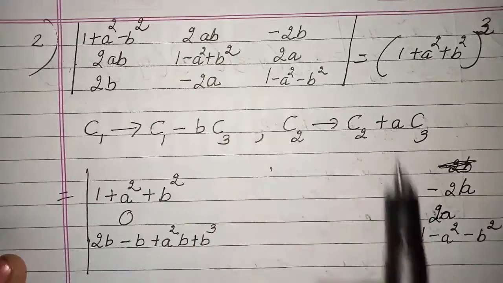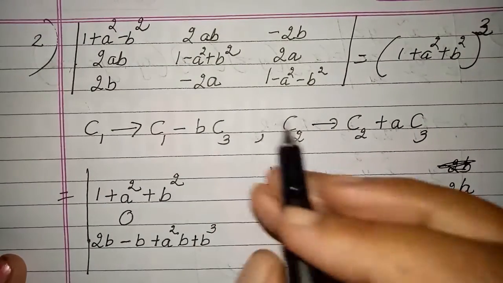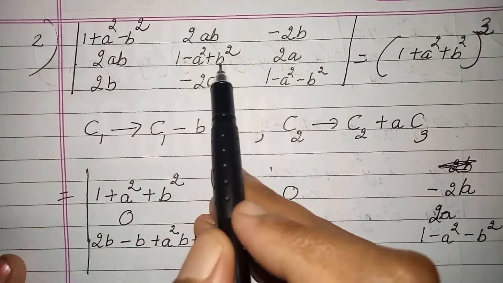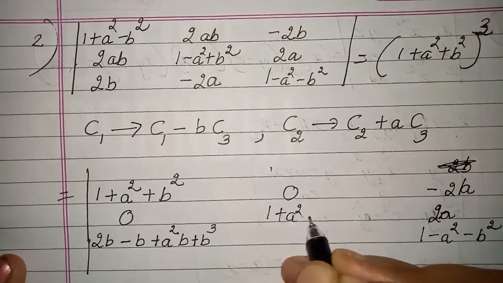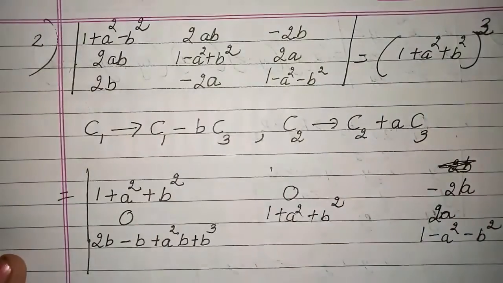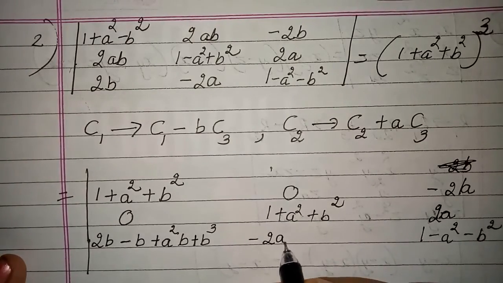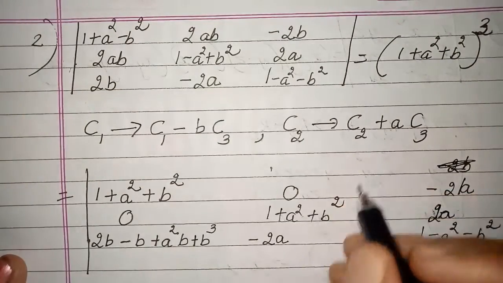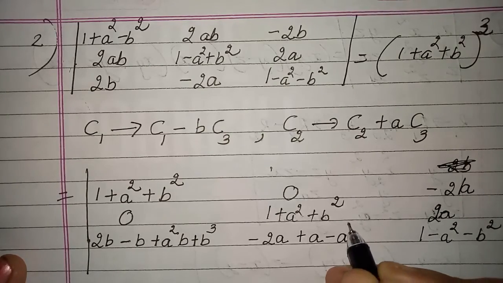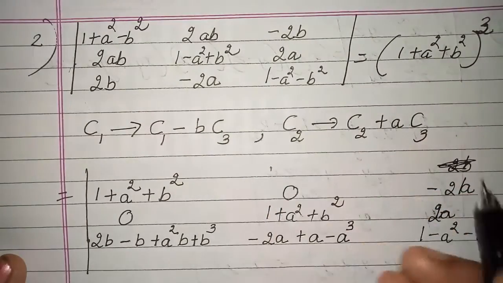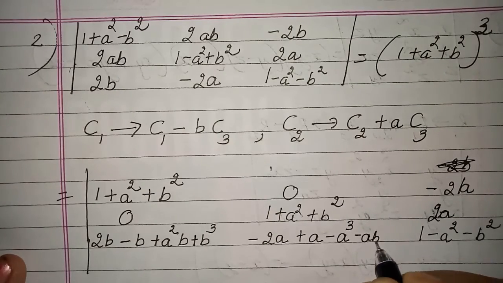C2: 2ab minus 2ab is 0. 1 minus a square plus b square plus 2a square. So it is 1 plus a square plus b square. Now here it is minus 2a, C2 plus a minus a cube, right, because a and minus ab square.